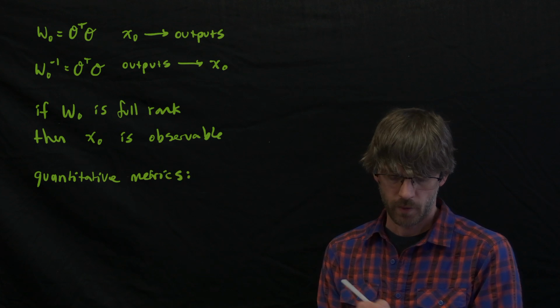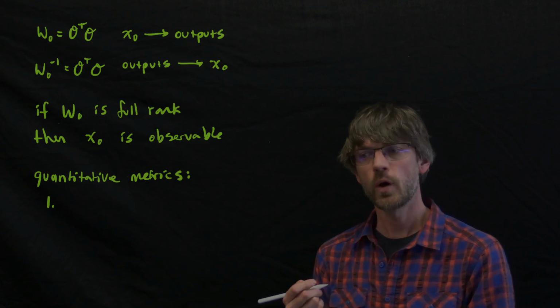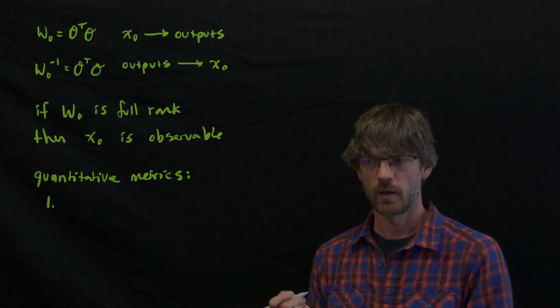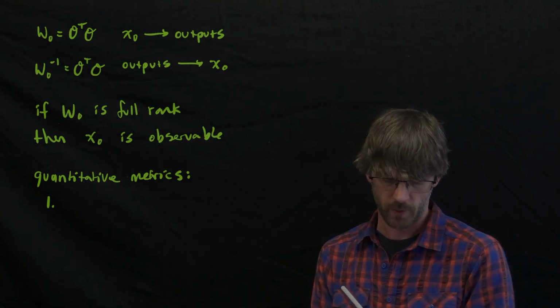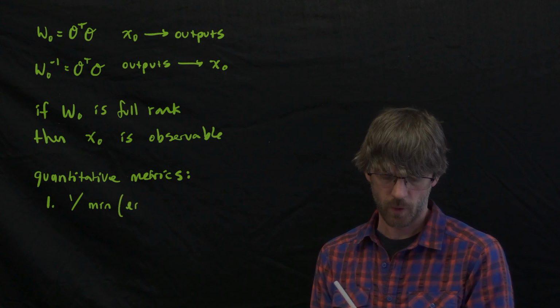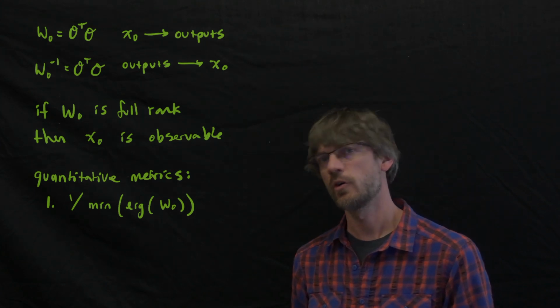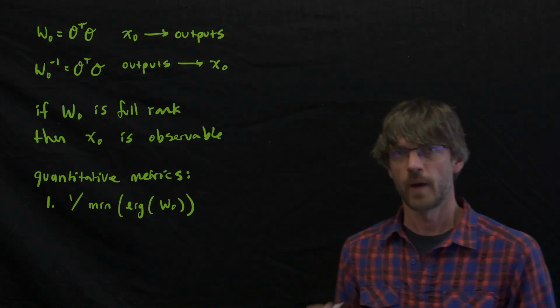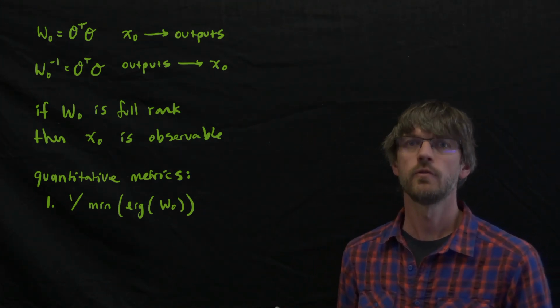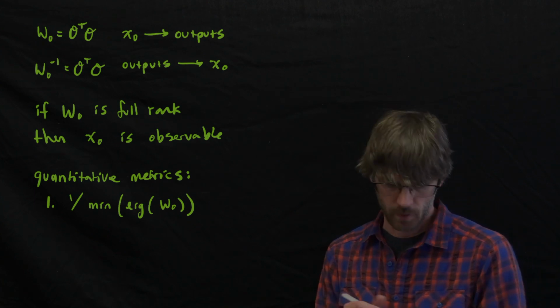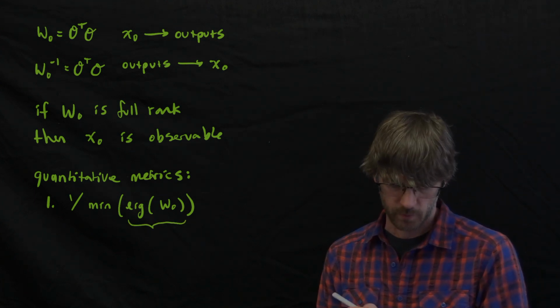The first one is we can look at 1 over the smallest eigenvalue associated with our observability Gramian. So the smallest eigenvalue of our observability Gramian, that's going to determine how mathematically well posed that inverse is going to be. So we'll call this here lambda.